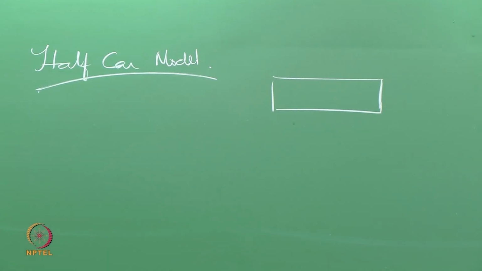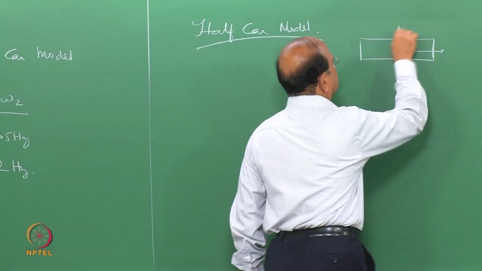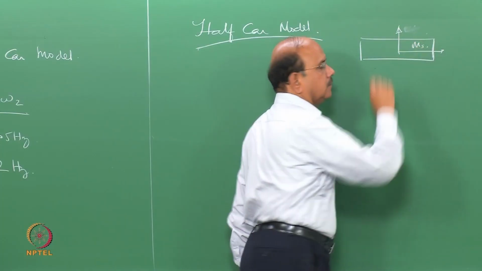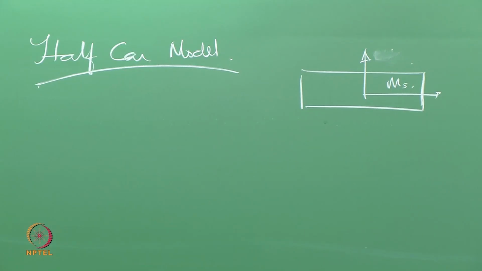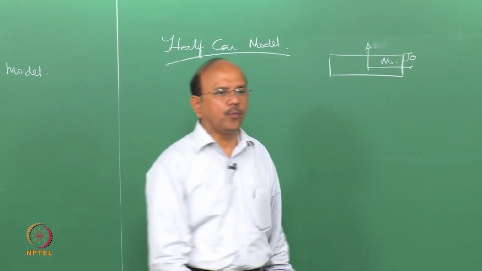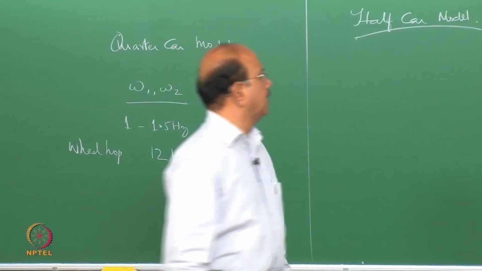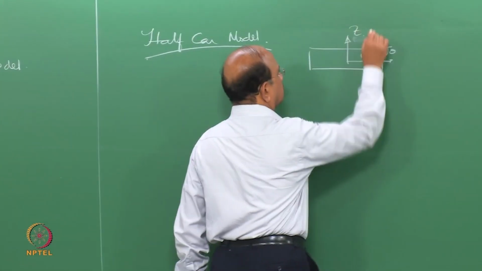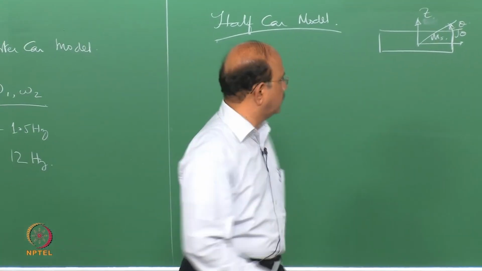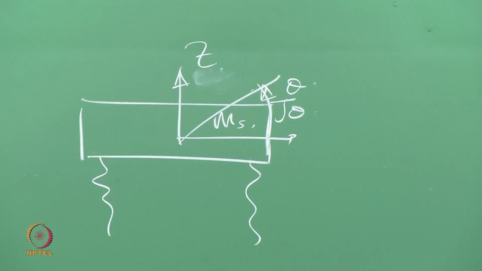We will consider only the sprung mass, ms, along with the moment of inertia, J theta, which would form the two constants of the vehicle, and the variables are the bounce as well as the angle theta. We said that this is going to be supported on two springs, the front and the rear.